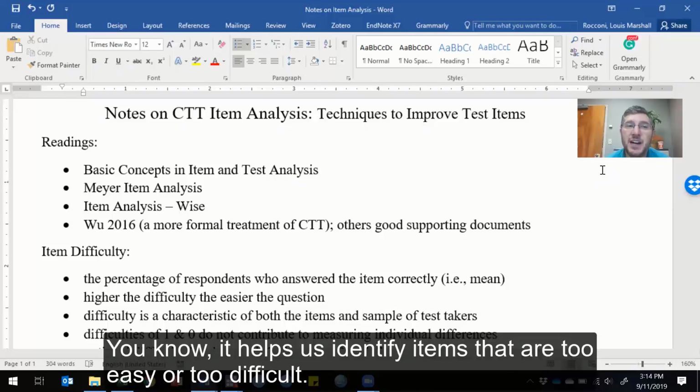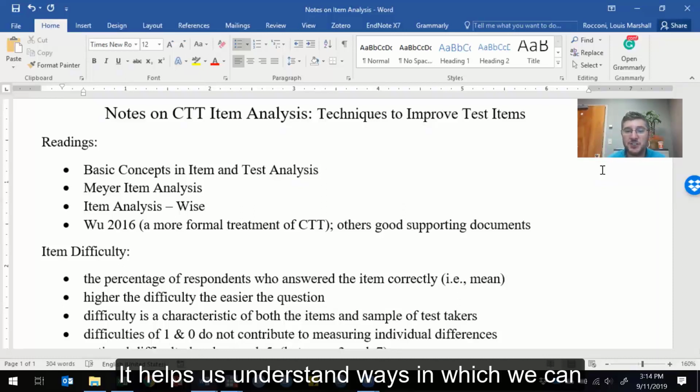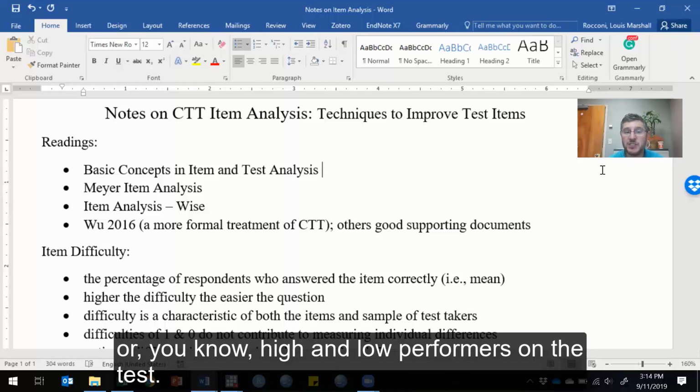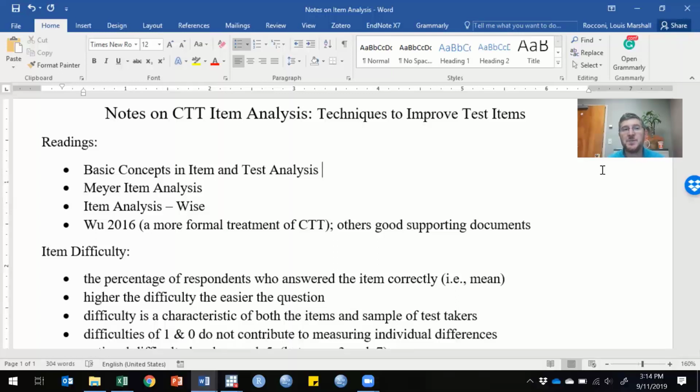It helps us identify items that are too easy or too difficult. It helps us understand ways in which we can differentiate between high and low performers on the test.